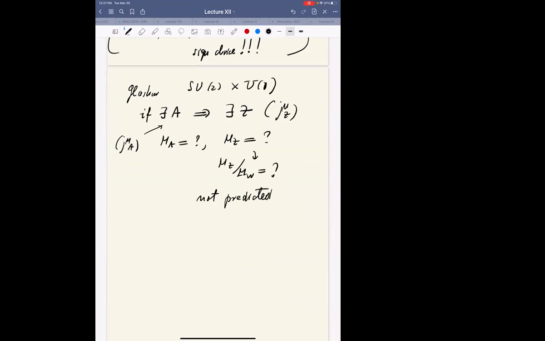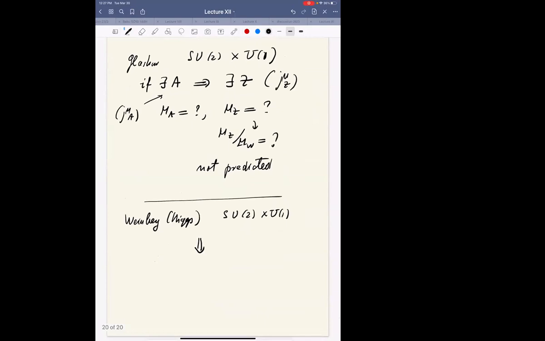Whereas there is a Weinberg version now, what we studied, Weinberg, which is a Higgs version, the same gauge group SU(2) cross U(1). But because of the Higgs mechanism as a completion of the theory, you predict there is a photon. It's not if, there is A so that mA is 0. And that linear combination couples as A mu J mu electromagnetic. I may remind you, we derived that.